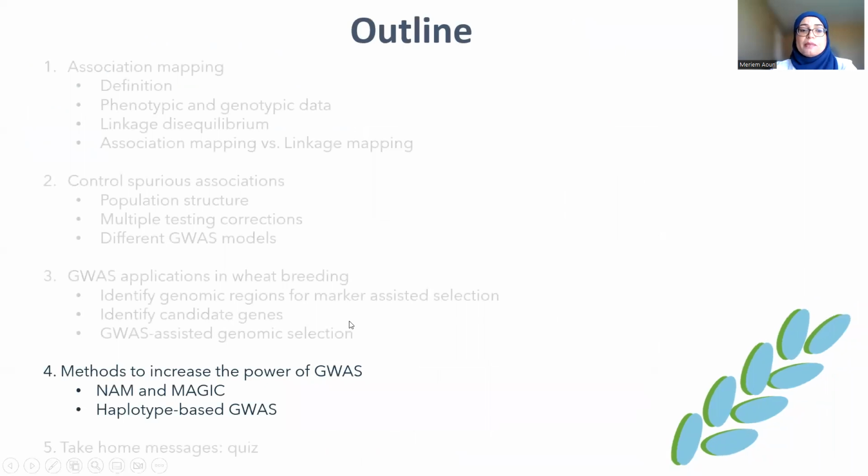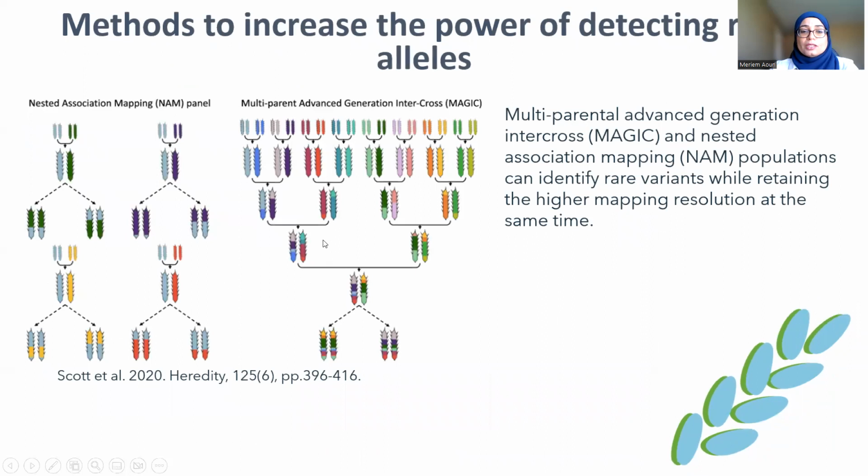Going now to the methods that were used to increase the power of GWAS. Instead of using natural populations, and I talked earlier in this class about the limitation of GWAS in natural populations, which is the limitation to detect rare variants, doing GWAS in a nested association mapping panel or in a multi-parent advanced generation intercross, MAGIC, population can improve the power of detecting rare alleles in GWAS.